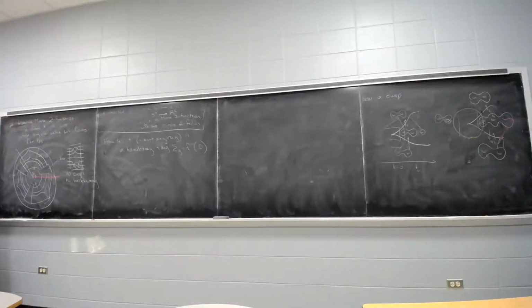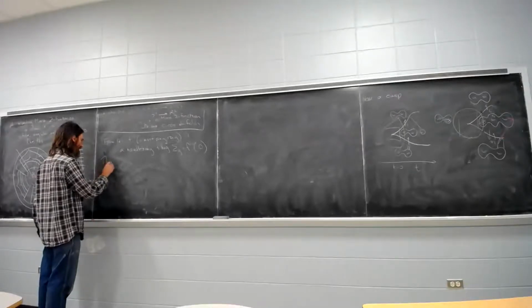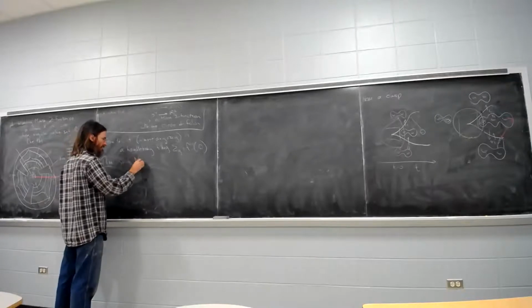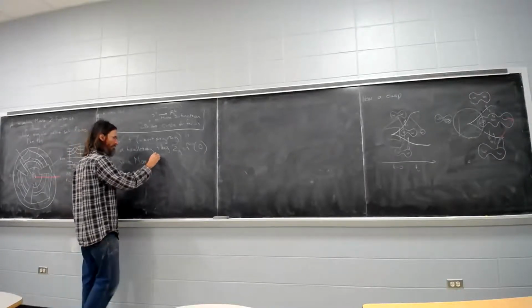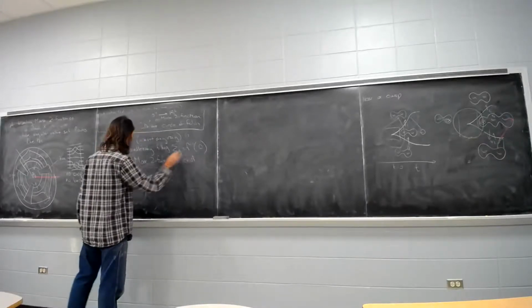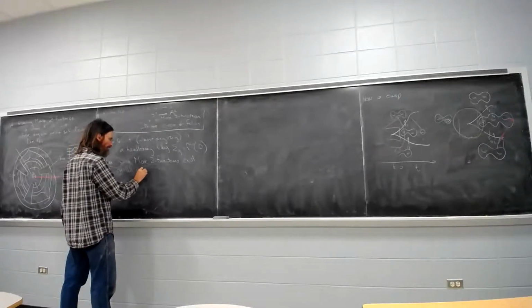Let me think. So there is that, such that Morse 2 functions exist on arbitrary closed oriented four-manifolds.